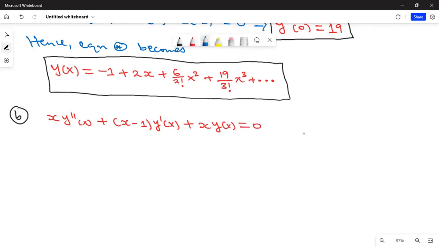And what are the initial conditions? That y of 1 is equal to 2, and y prime of 1 is equal to 5.